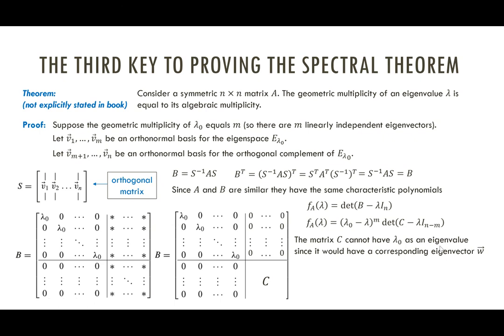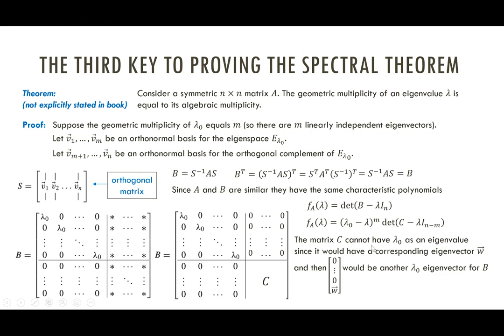The reason is, if it did have lambda_0 as an eigenvalue, then it would have to have a corresponding eigenvector W. But then you could get another linearly independent eigenvector with eigenvalue lambda_0 for B, because then 0 down to W would be another lambda_0 eigenvector for B, which means there would be a corresponding linearly independent eigenvector for A, but that contradicts the fact that we only have m linearly independent eigenvectors.